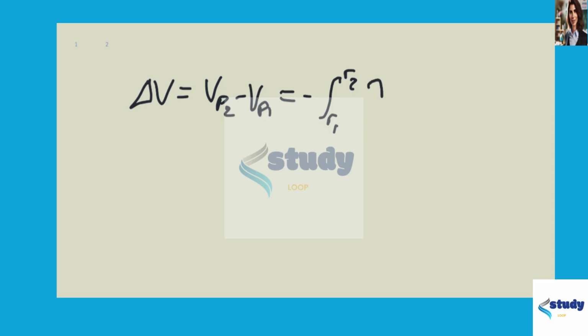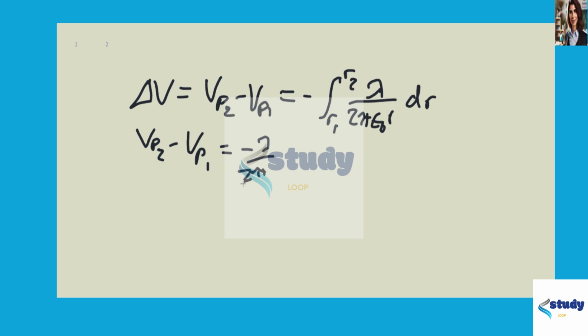The electric field is lambda over 2 pi epsilon naught r, and ds points radially, so it becomes dr. We can pull out all the constants, and the integral of 1 over r is simply natural log. So this will be the natural log of r2 minus the natural log of r1.